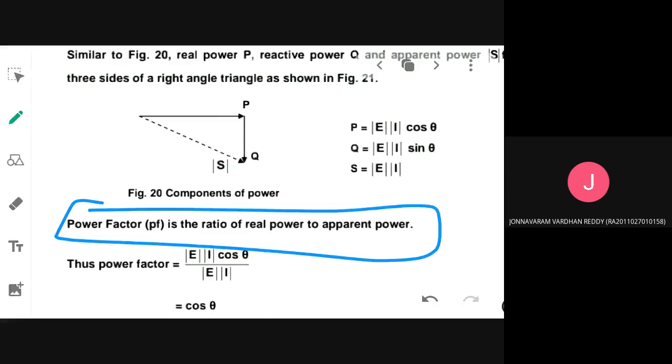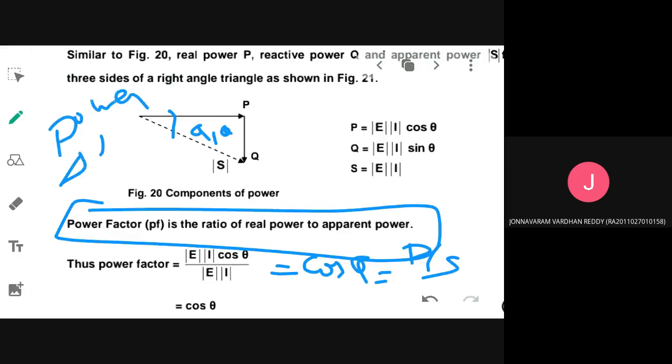So cos phi or cos theta is equal to P divided by S. This triangle is called the power triangle. So there are three components of power: real power, reactive power, and apparent power, from which you learn how to derive the formula for power factor. Understood?